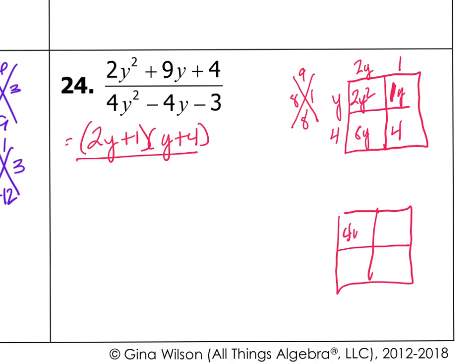In the bottom is 4y squared minus 3. So I need two numbers that multiply to be negative 12 and add to be negative 4. So pretty sure that's going to be negative 6 and 2. So negative 6y and 2y. So now we're going to factor again. So we've got 2y minus 1 and 2y.